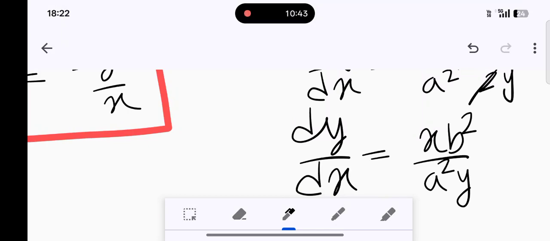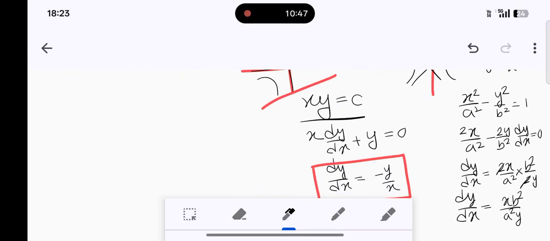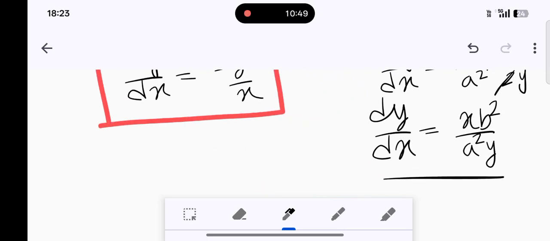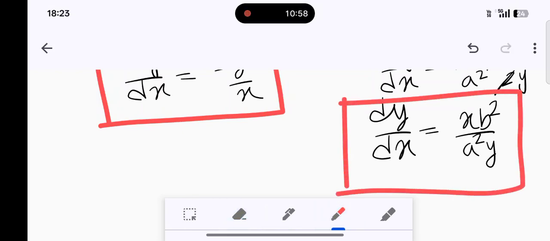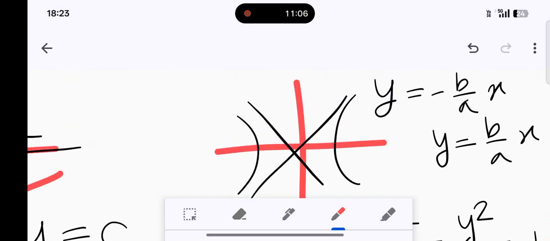Now some people might say that in that case we can differentiate it two times, but nothing will happen. Nothing will happen, be careful. So this is the differential equation for this hyperbola. Now some genius will say the asymptotes are something like that, so we can manipulate the a and b.